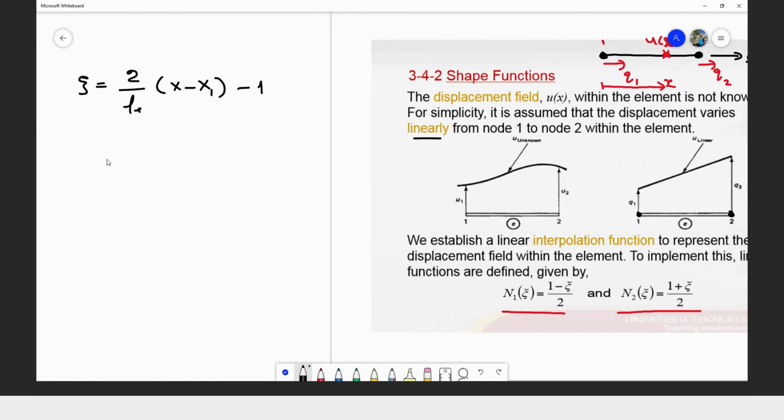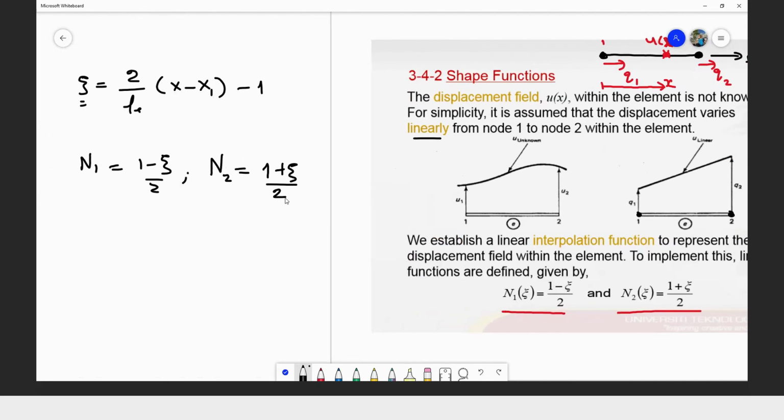And then the shape functions, which is n1 given by 1 minus z, which is this z here, divided by 2. And then we have another, sorry, n2, which is given by 1 plus z over 2. So this is in term of dia punya mathematics dia.